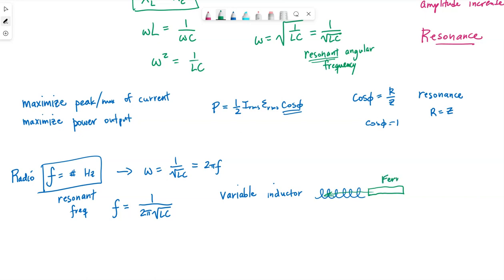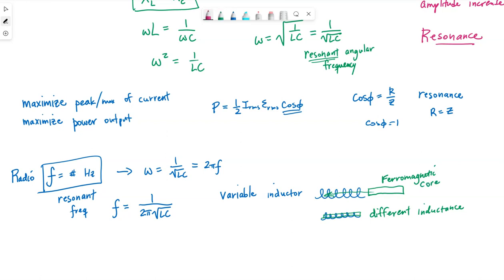When you slide the ferromagnetic material in, that changes the inductance. So the same coil with this core has a different inductance. That core can go partway in or all the way into the coil, but by moving that core, you're changing the inductance.